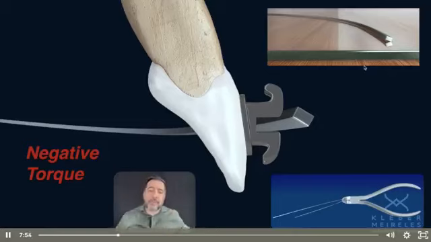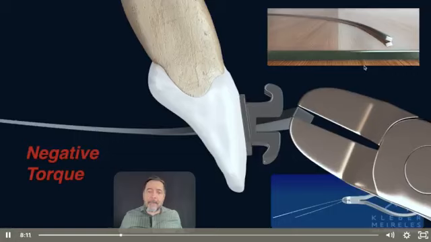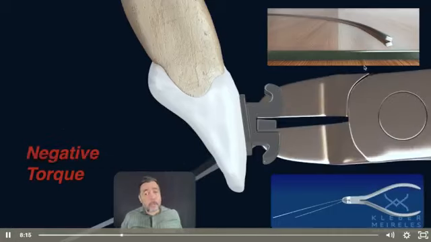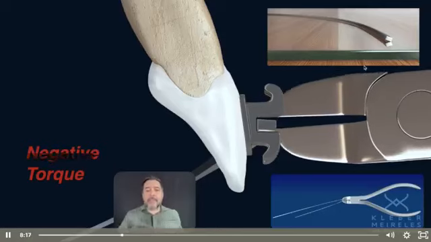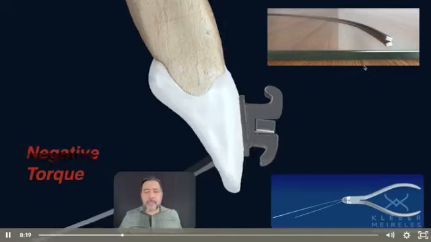So we can do that if we want. I'm going to show you that in a clinical way, we really don't do that very frequently. There are situations where we really want to do that, but in most cases we don't want this. So we are applying a negative inclination to upper anterior teeth because of the real negative torque in this situation.